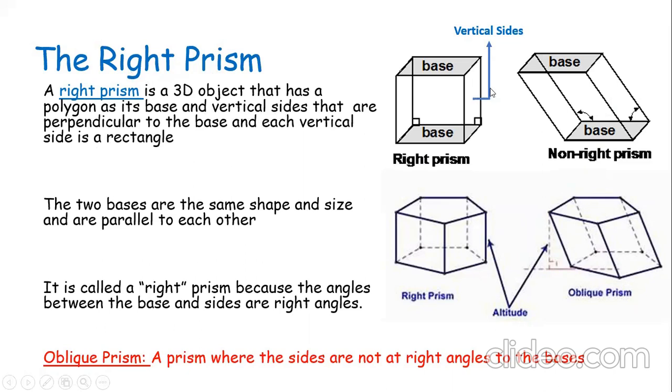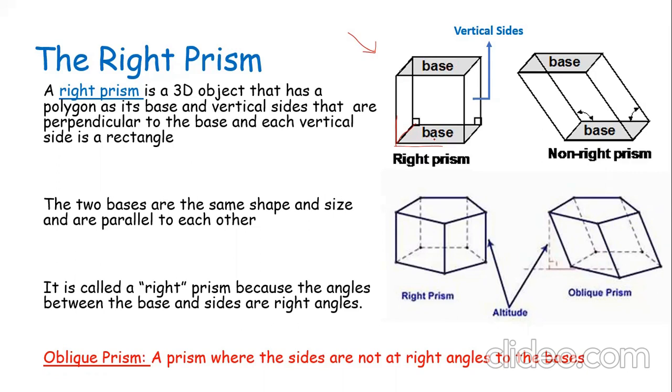So here, if we look at this right prism, we notice that, first of all, it's a 3D object since it contains 3 dimensions. So we have this dimension, we have that one, and we have this dimension. And it has two bases. So we see base 1 and base 2.